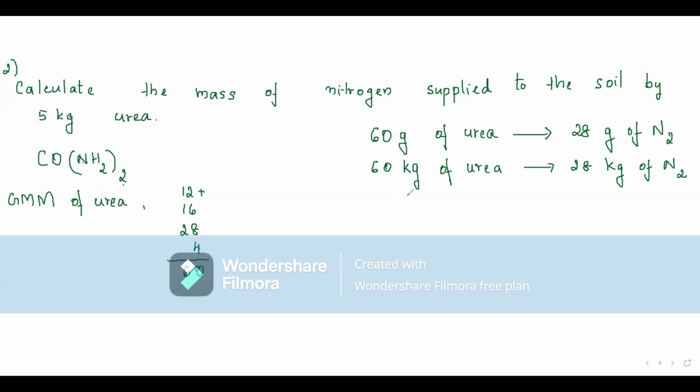So 60 kilogram will give me 28 kilogram of nitrogen. Therefore, 5 kilogram of urea gives me X kilograms of nitrogen. To solve for X by unitary method, 5 into 28 divided by 60.